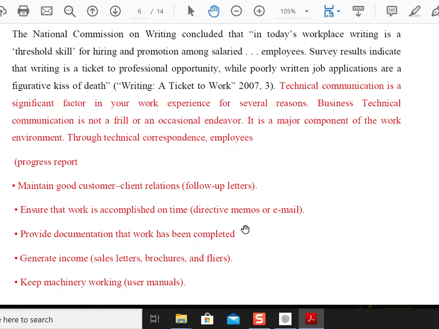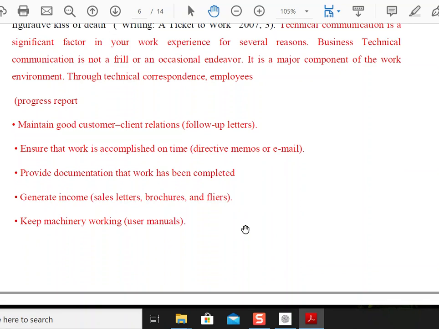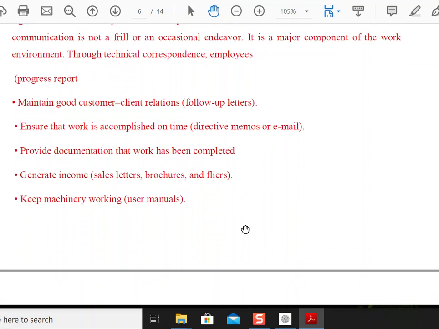Well, read the following points: through technical correspondence you can do the following things. There are certain things, not all. Maintain good customer client relations.